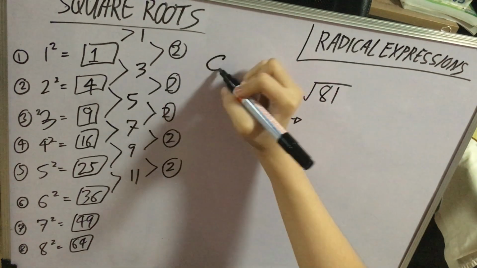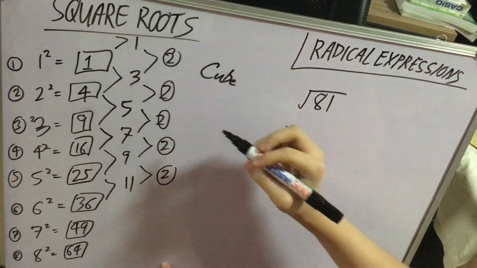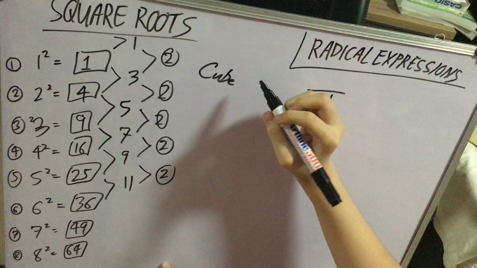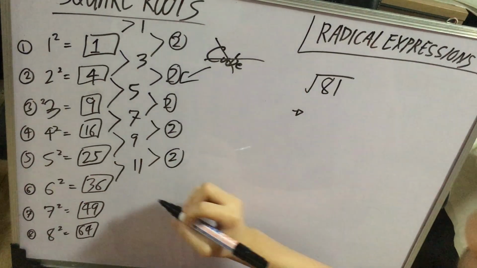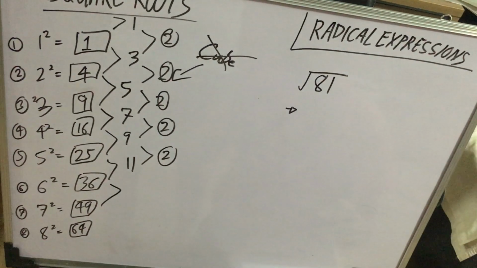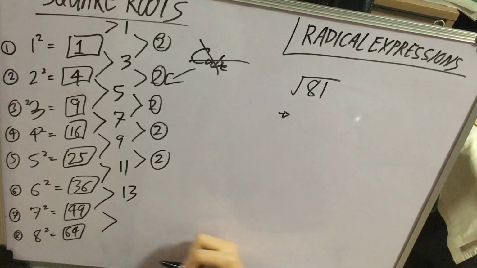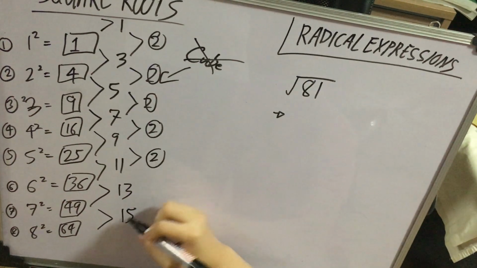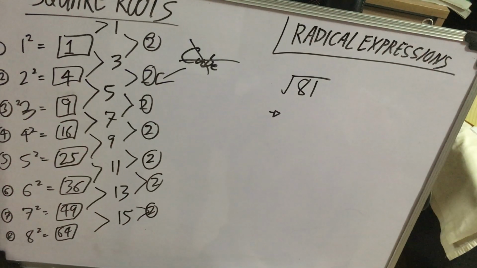When it comes to cube roots, this interval that we are analyzing for now won't be possible. Let's continue. 49 minus 36 would be 13. 64 minus 49 would be 15. There, we have succeeded.